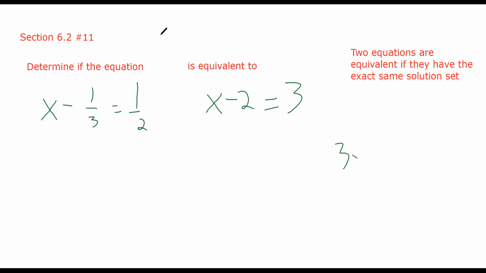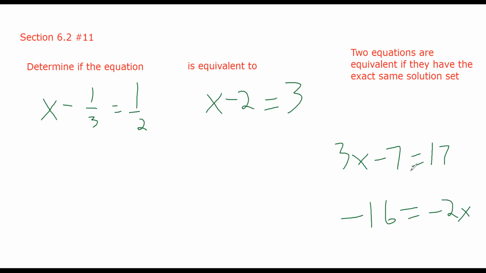3x minus 7 equals, let's make it interesting, 17 is equivalent to the equation negative 16 equals negative 2x. If I were to solve this, you'd get x equals 8. They look wildly different from each other, don't they?